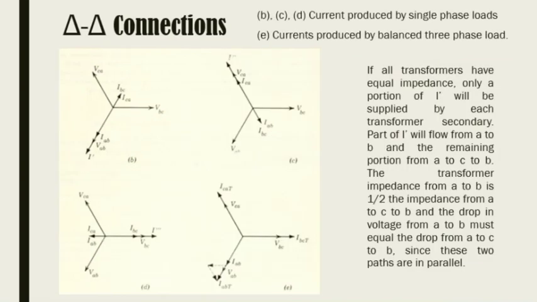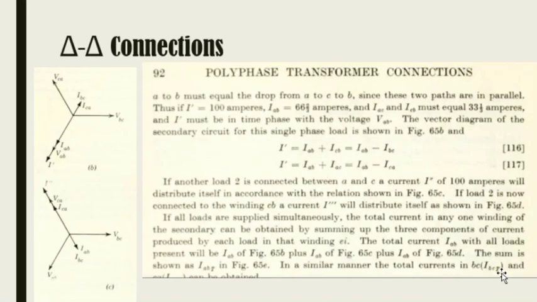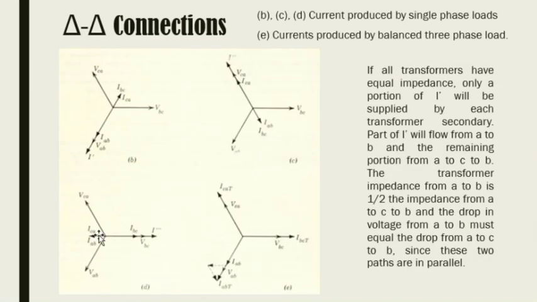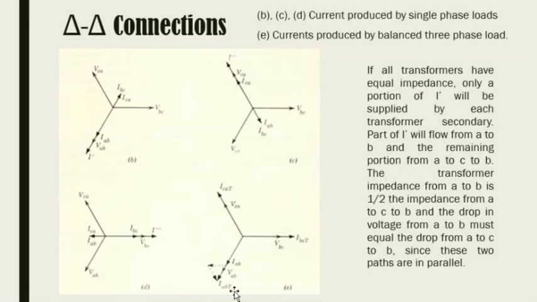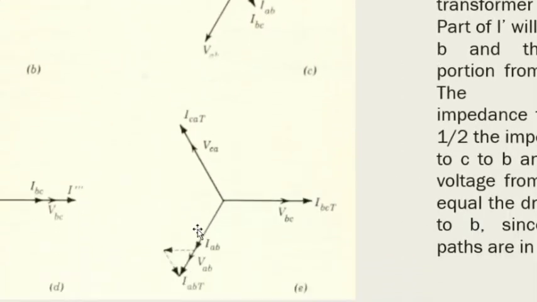We can see the sum in the vector diagram as shown, IAB total.